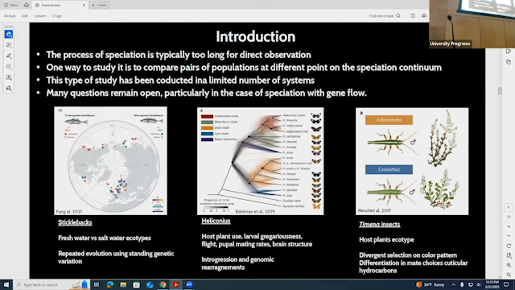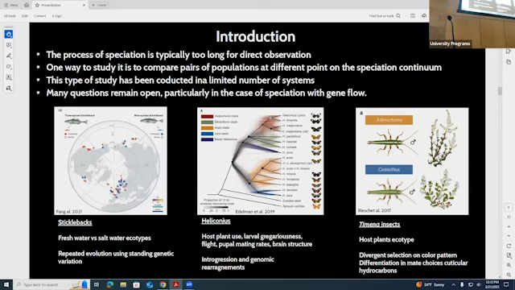One of the systems is the sticklebacks, where you have the repeated appearance of freshwater and saltwater ecotypes that are adapted to marine versus freshwater environments. This is a repeated evolution of the ecotypes that uses mostly standing genetic variation.